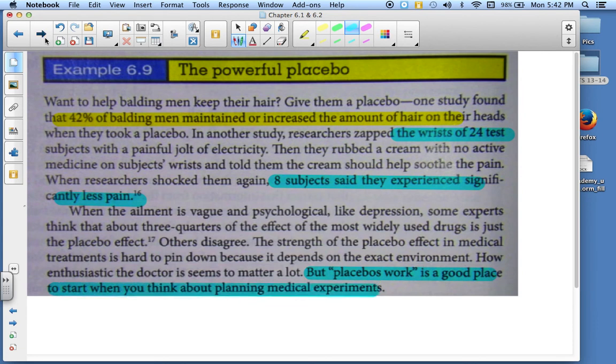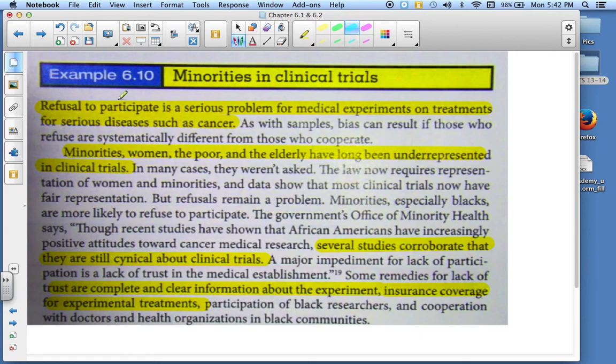Now, let's talk about minorities in clinical trials. A lot of studies show that minorities, women, the elderly, and the poor have long been underrepresented. Sometimes these people refuse to participate because there's a lack of trust in the medical establishment.